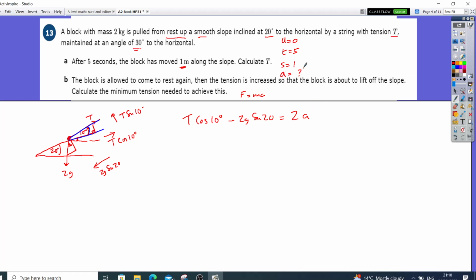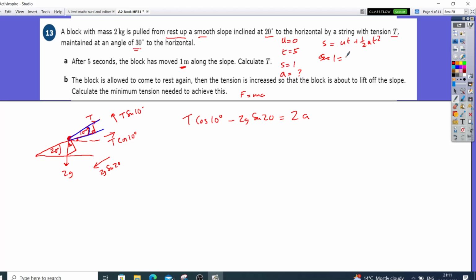Because this is a resultant force, this force will be constant, which means acceleration will be constant, and therefore we can use SUVAT here. So we can use s equals ut plus half at squared, where s is equal to 1.